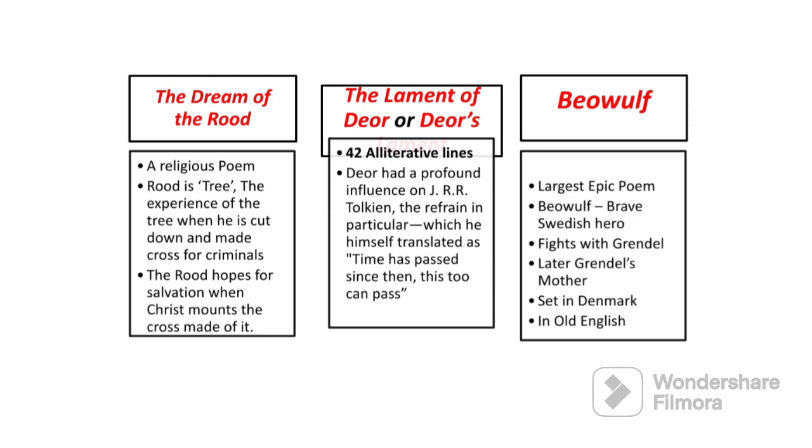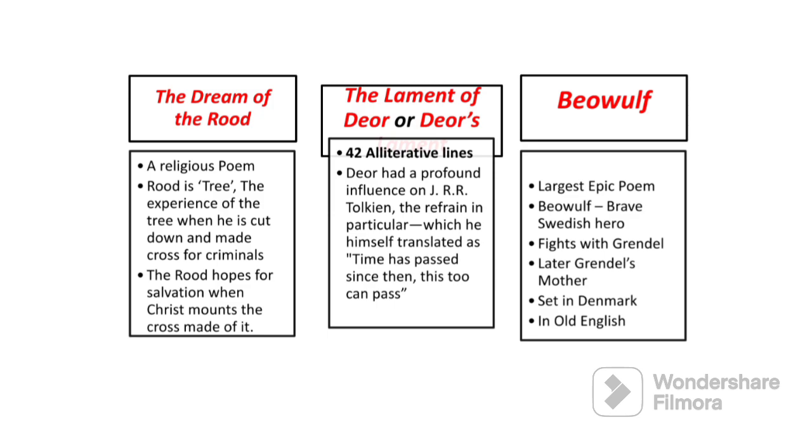The third work, which is very important and which is the first epic in English language, in Old English, is Beowulf. Beowulf is the largest epic poem that we have in Old English. Beowulf was a brave warrior, a Swedish hero, and he fights with a monster. His name was Grendel, and he kills that monster.